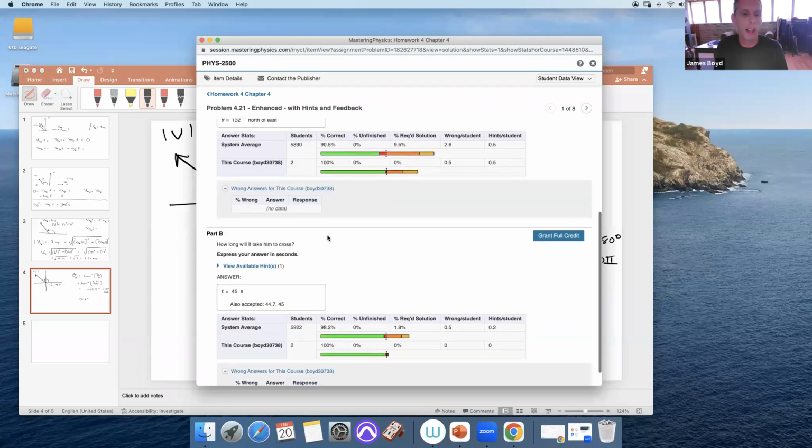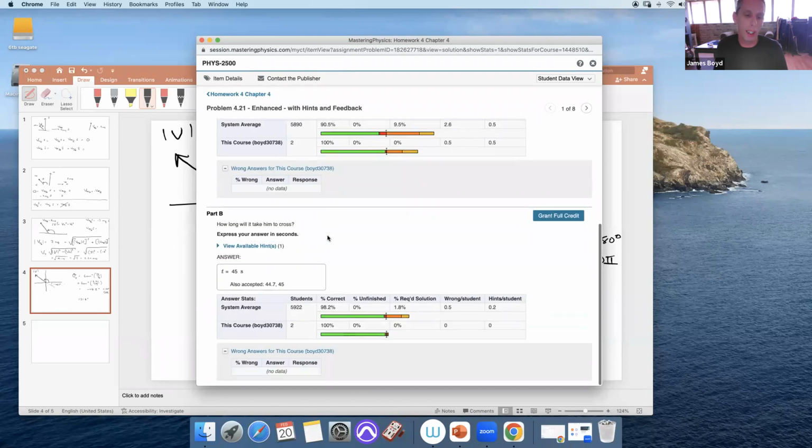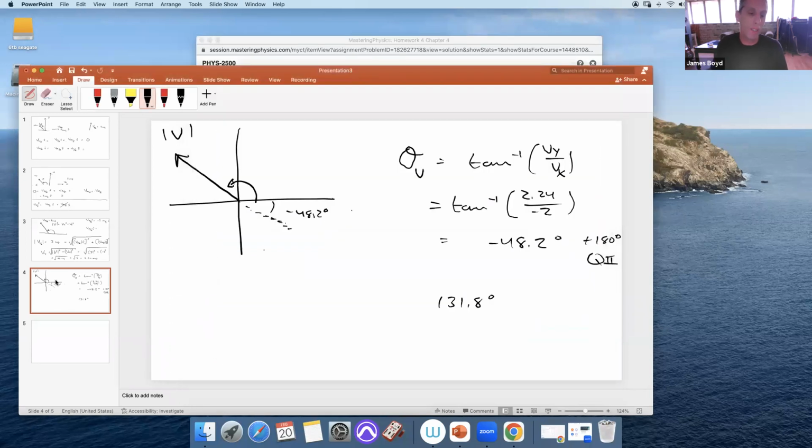All right. How long will it take him to cross? Now we know that v in the y for him was 2.24 meters per second, and we know that he has to travel a distance of 100 meters to the north. V is change of y over change of t, or the change of t is the change of y divided by v.